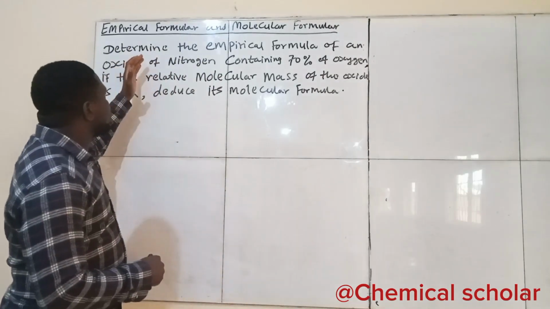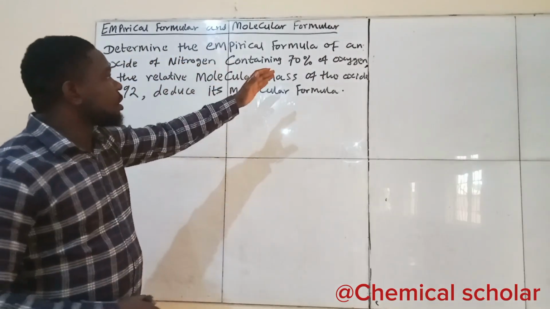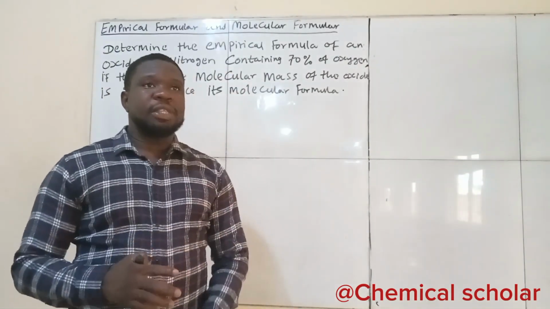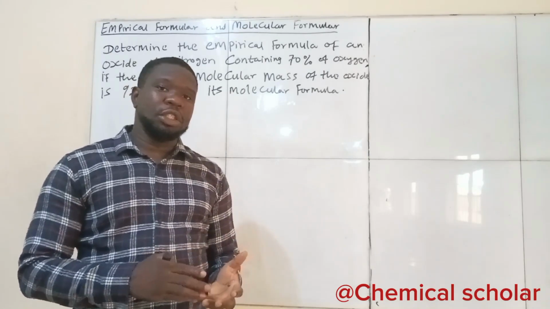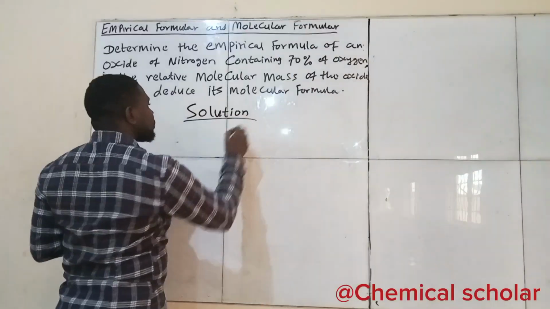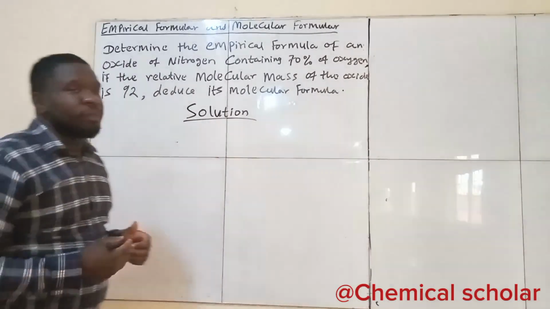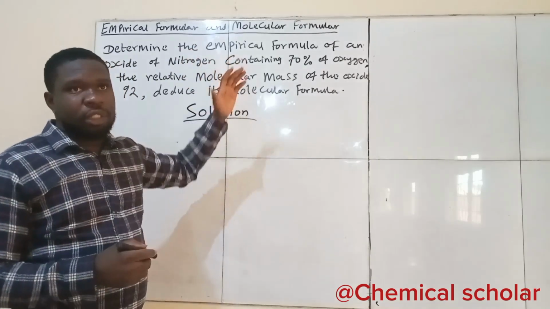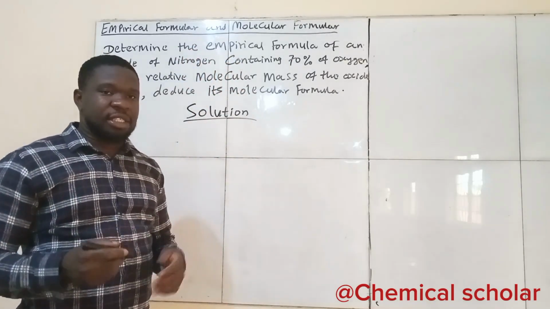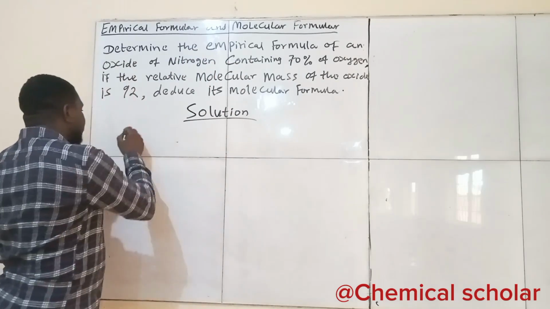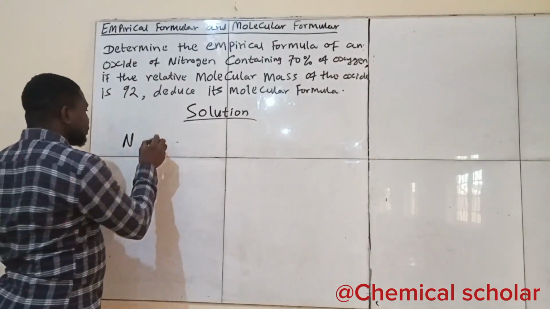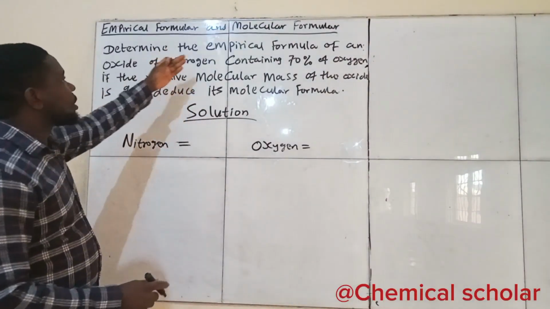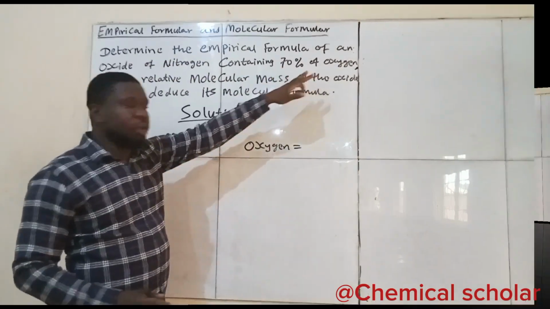In the question we have been shown that it is an oxide of nitrogen, which means that it contains only nitrogen and oxygen. So the elements involved are nitrogen and oxygen. And we are told that it contains 70% of oxygen.